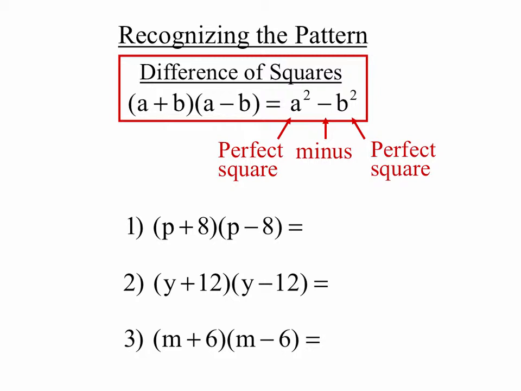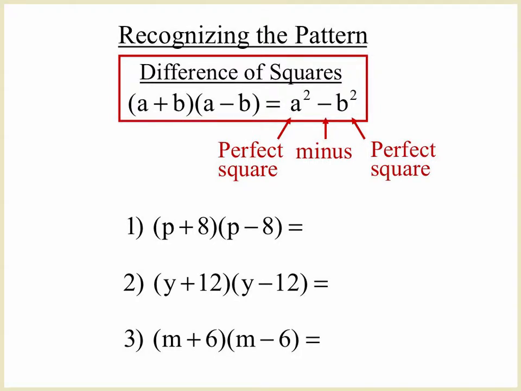I'm going to do the first one with you. So remember, we square the first term, p squared. I'm squaring the last term, 64. And because I see different signs, it's going to be a difference of squares. Now you do the next two. Stop the recording and finish 2 and 3.